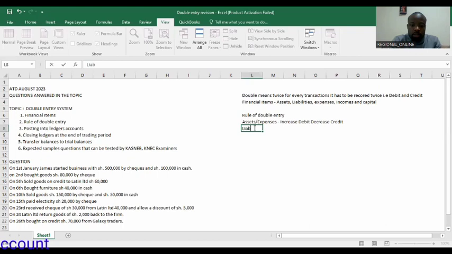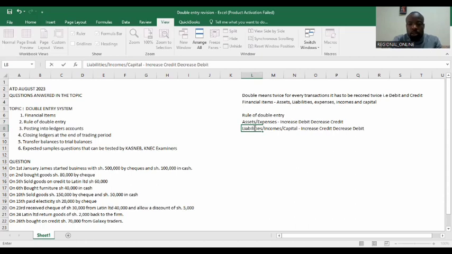Then liabilities, incomes, and capital also follow the same rule. That is, when they increase, you credit, and when they decrease, you debit.